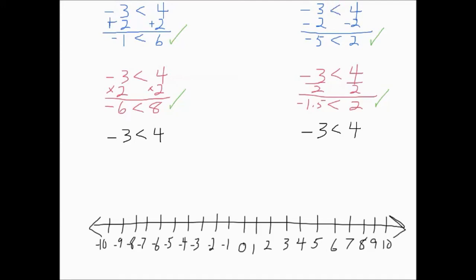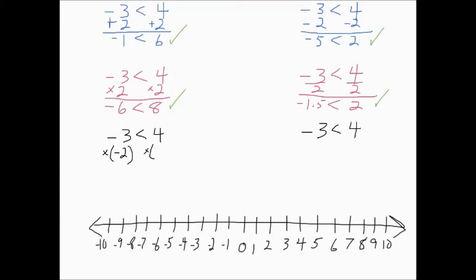Everything worked. Let's try it again. This time I'm going to multiply by a negative number. I'll just stick with 2. It doesn't have to be 2. I'm just sticking with 2 for all of these examples.